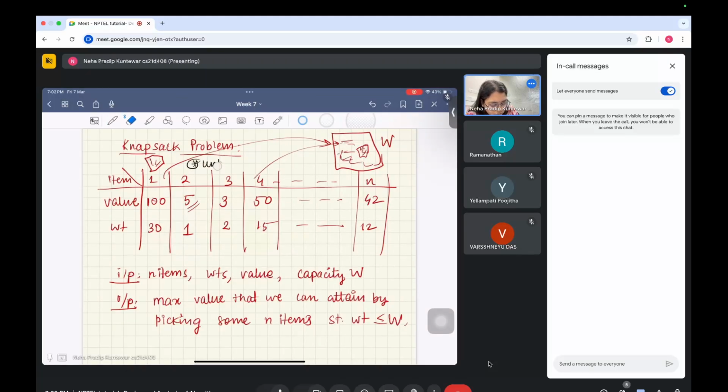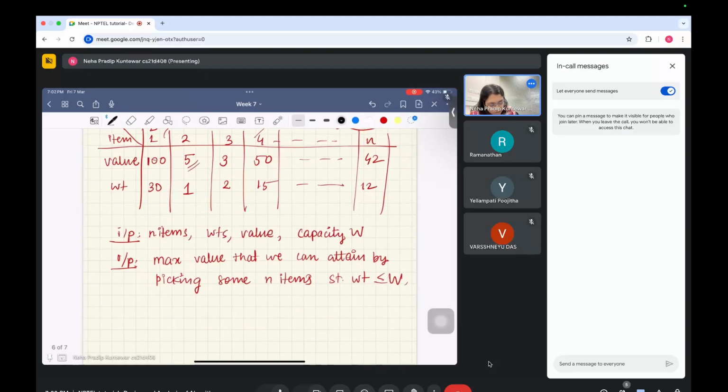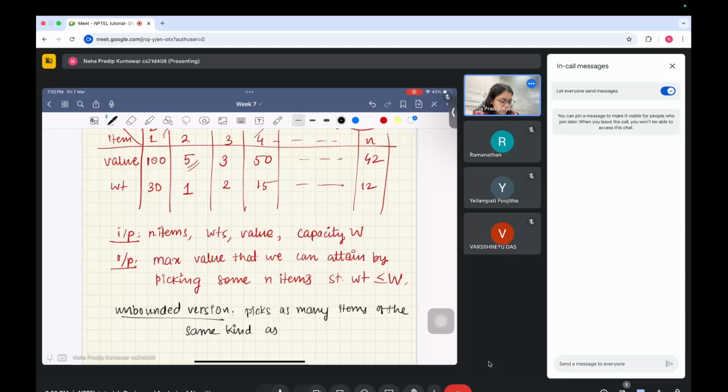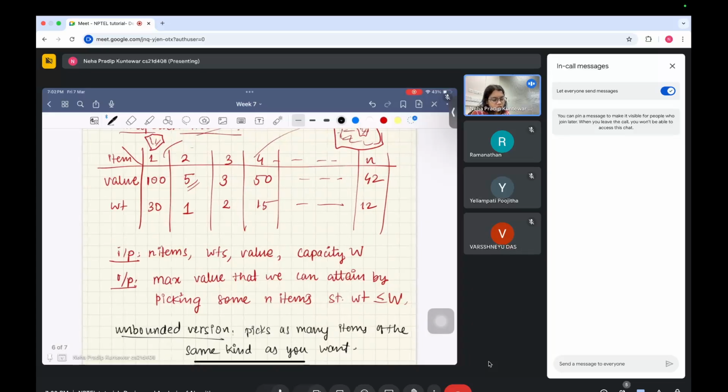So I'll just write it here. What do I mean by that? You can pick as many items of the same kind as you want. Okay, so is the problem clear?